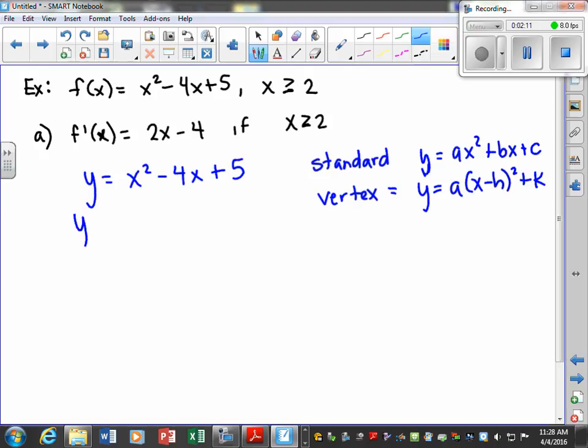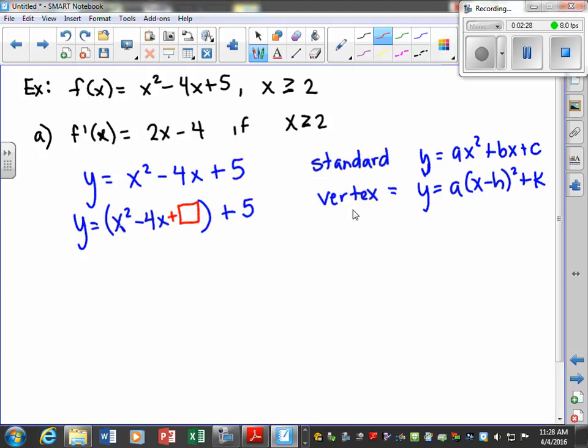So we'll have y is equal to x squared minus 4x. Now we want to be able to make that a perfect square. We're going to shift this 5 over a little bit. We are looking for this value right here.